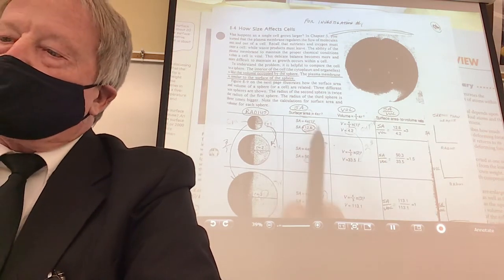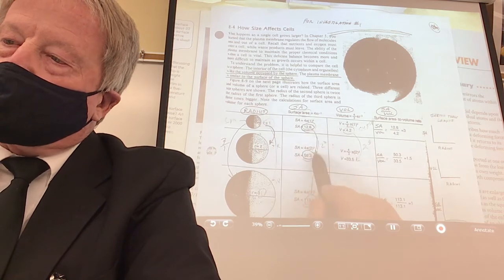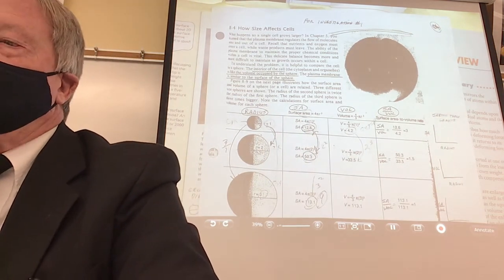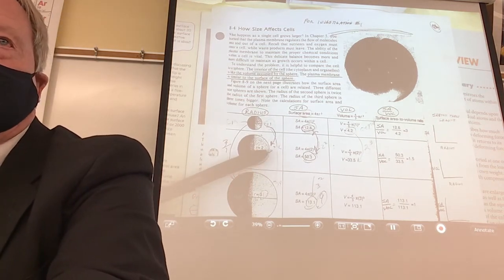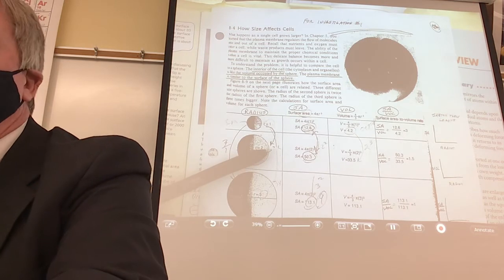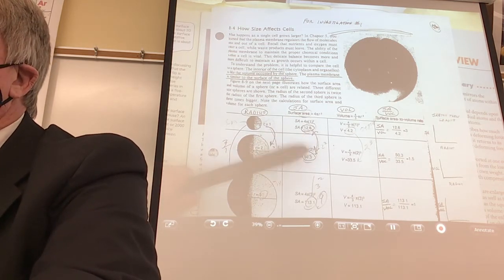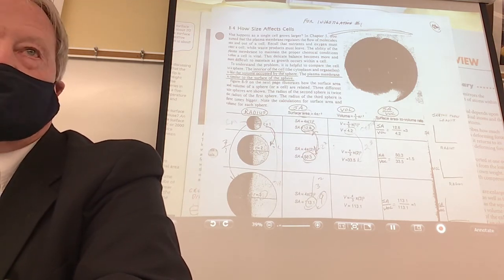You plug that in, and you get 50.3. Now, with your calculators, take the big number and divide it by the small number. In the one-dimensional world, the radius got 2 times bigger. What happened to this surface area? What's 50.3 divided by 12.6?